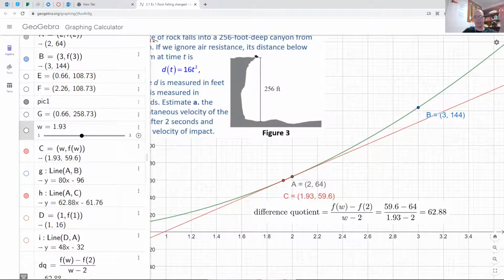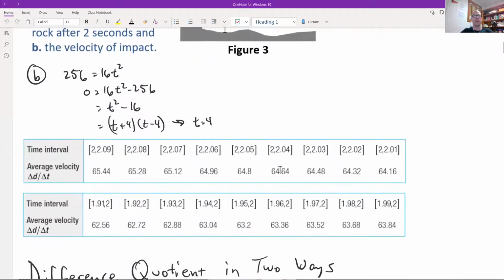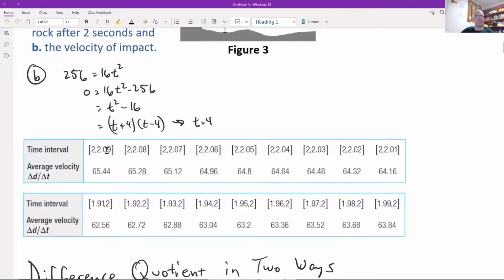So what I'm going to show you next is, boom, scrolling down a little bit. Look at these intervals. These ones are all on the right-hand side of things. They're intervals from 2 to 2.09, and that 2.09 gets smaller and smaller until we're just getting intervals that are closer and closer.